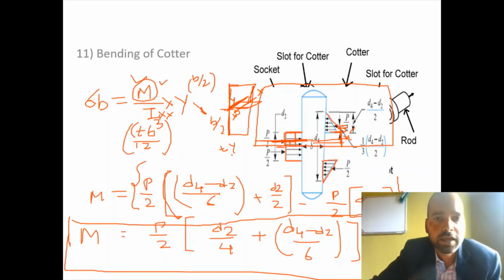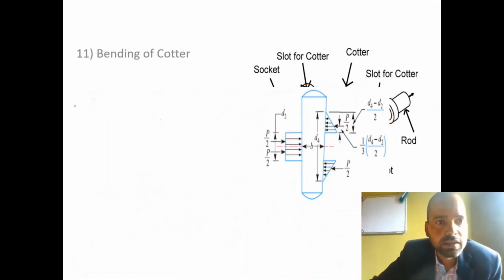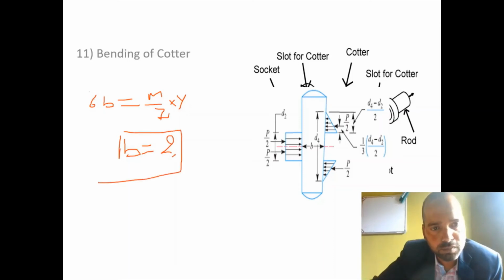Moment of inertia with respect to axis x6 for the cross section is d b cubed by 12, and the distance of extreme fiber from the central axis x6 is b by 2, and hence by doing all this analysis we will get the bending stress, M upon I into y. So the only unknown parameter from this equation was the width of the quarter, and from this equation we will get the width of the quarter, where bending stress is calculated for the given material.